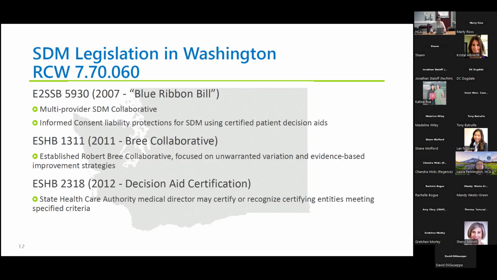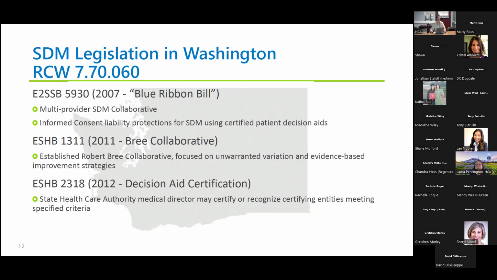I won't go through all of these, but here's some key legislation that's occurred in Washington. So in 2007, for example, there was legislation that supported providers doing shared decision-making by giving them higher levels of legal protections when certified patient decision aids were used and documented in the patient chart as a legal record that informed consent has been obtained.